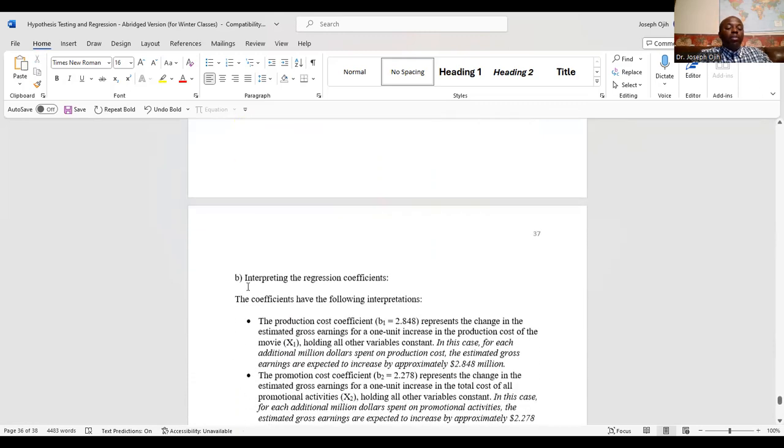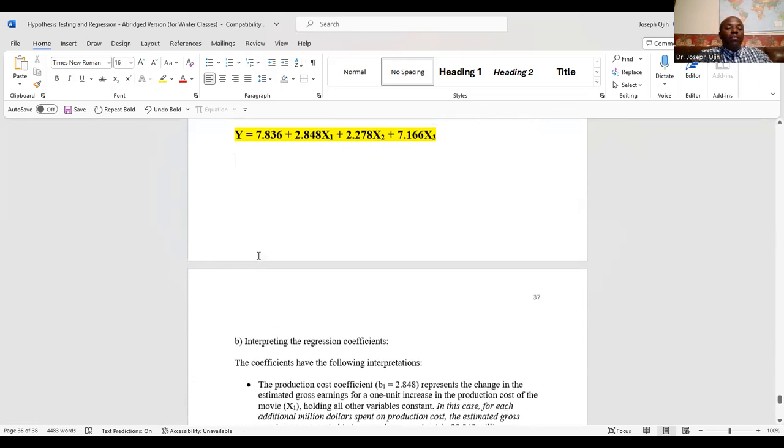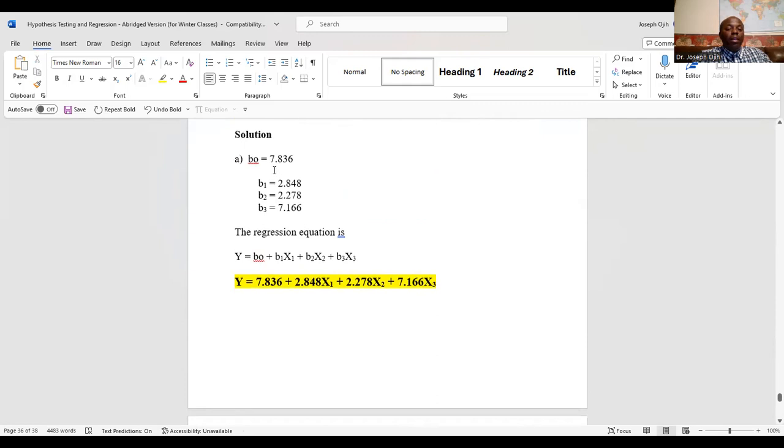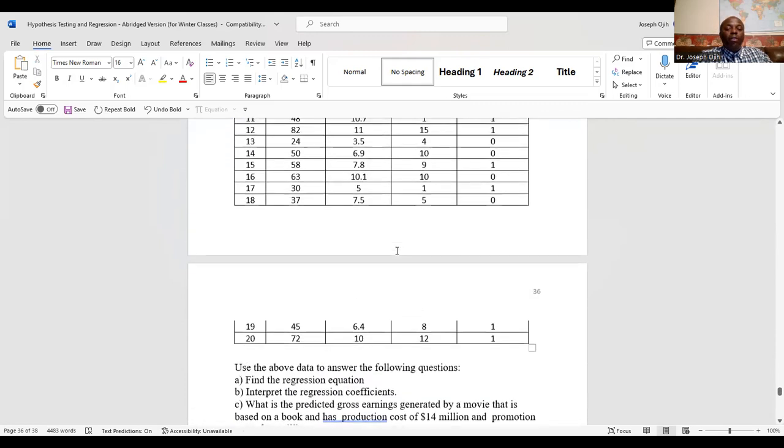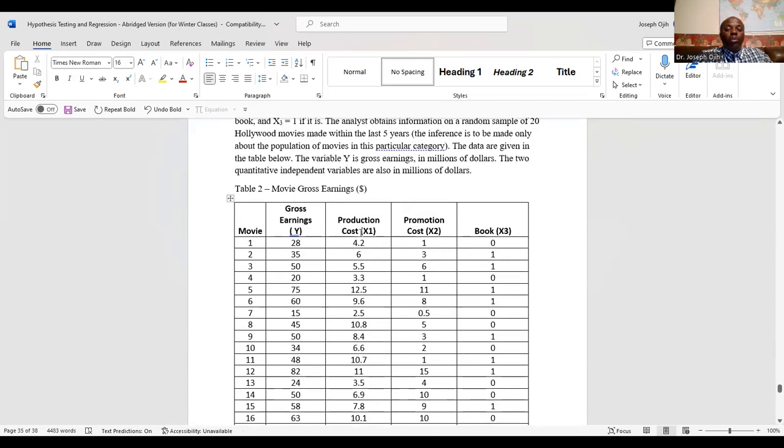Now, the interpretation. The first one to interpret is B1. Remember that B1 is for the production cost, B2 is for promotion cost, and B3 is for whether the book is based on a novel published before the movie was made, and Y is the gross earning.